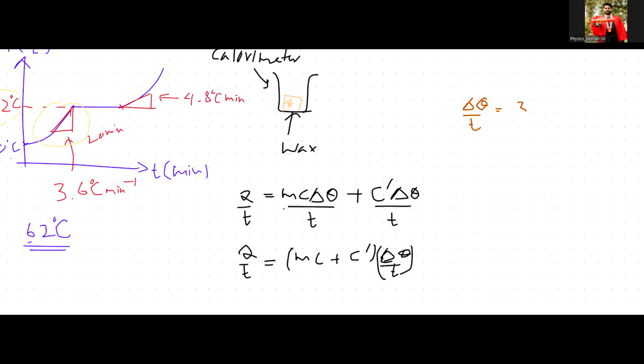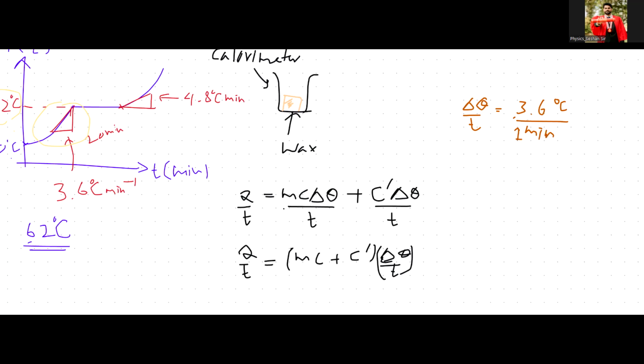Per minute means minute in the denominator. Now for the minute I can put 1 minute. Instead of 1 minute I can put 60 seconds, isn't it?